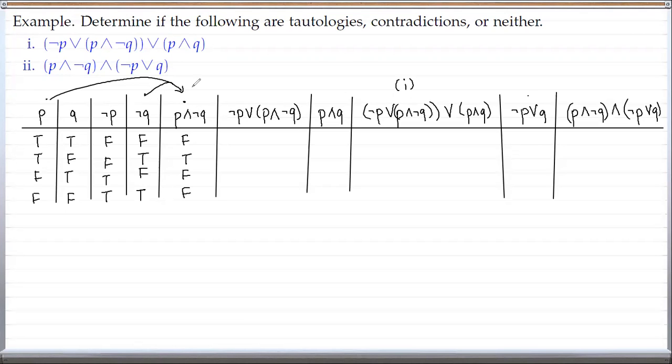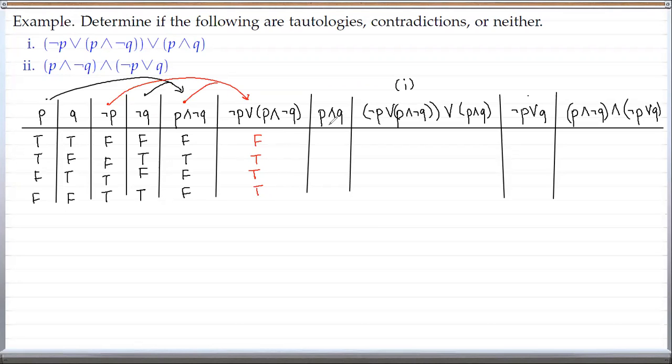We combine that with not P. So we are looking at this one combined with this one by or, so we have false or false is false. We have false or true is true. True or false is true. True or false is true. So we got this column.